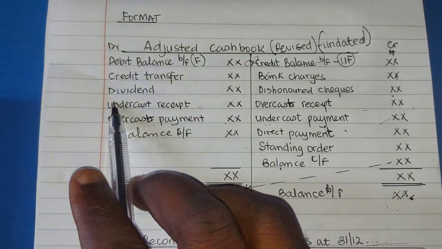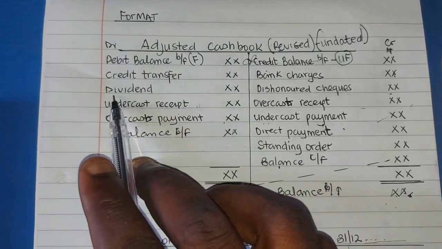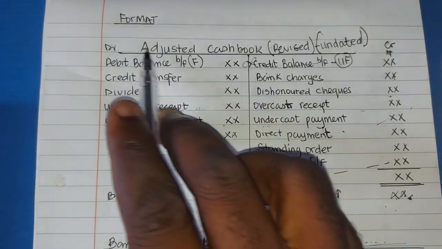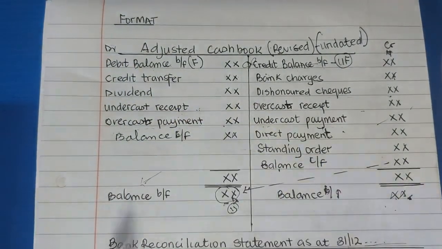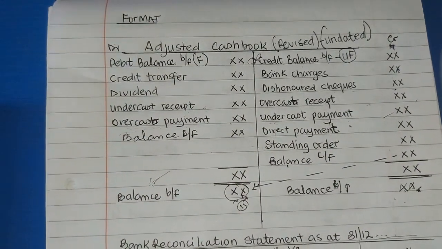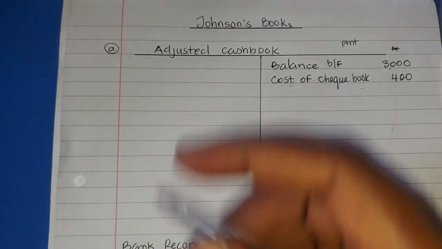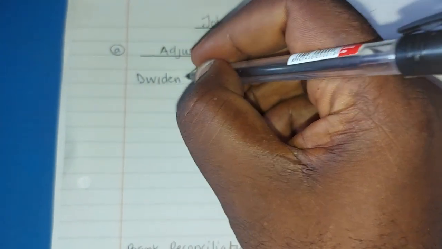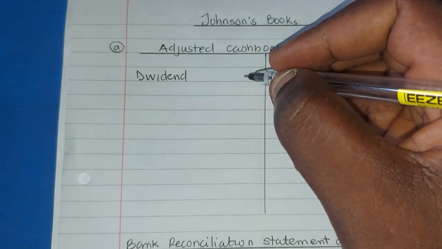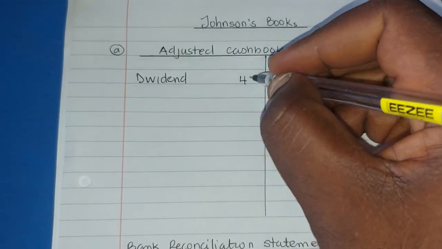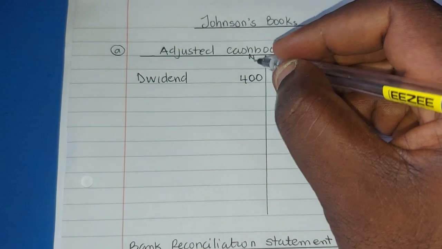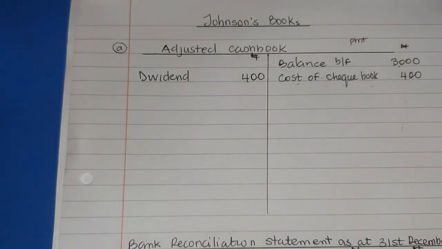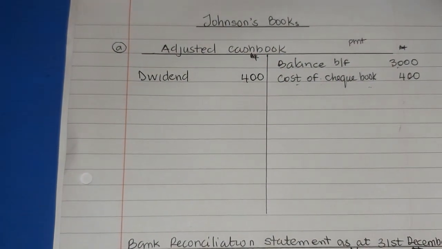If you look at it from your format, dividend received is on the receipt side of the cash book, so the dividend will be debited. So we write dividend, and that is 400 naira.